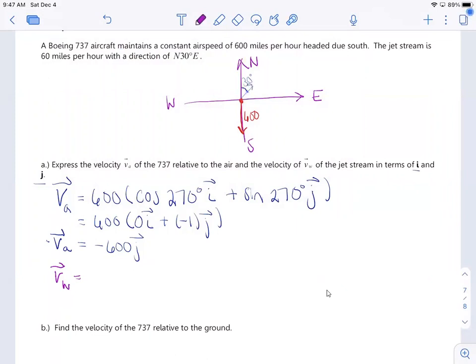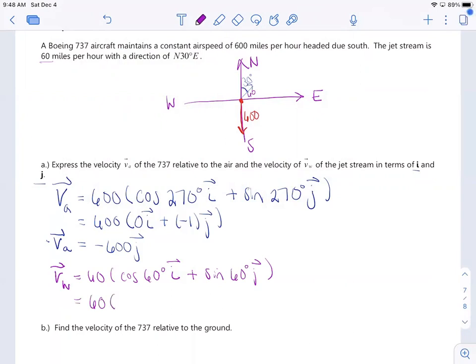So we're going to go ahead. They told us our magnitude is 60. Be careful, it's going to be 60 times cosine of 60 degrees i plus sine of 60 degrees j. Once again, with trig form, our angle is given this way, always from the x-axis. Always, always, always. Luckily this is on my unit circle, so that's nice. They aren't always.